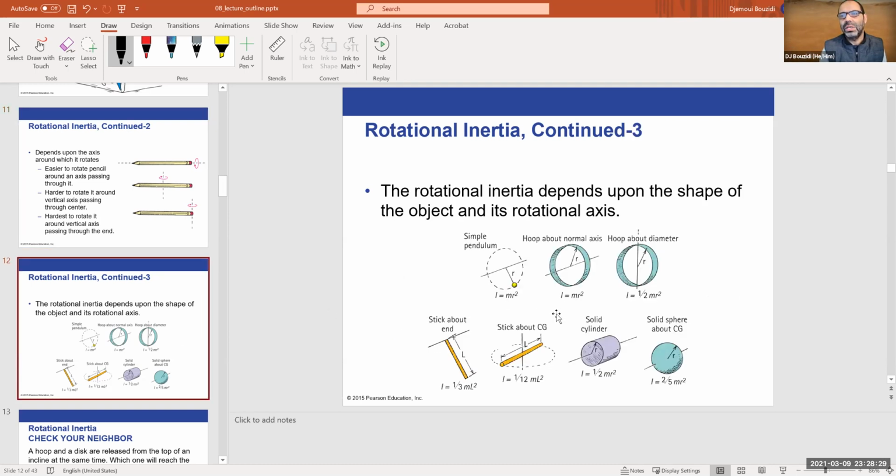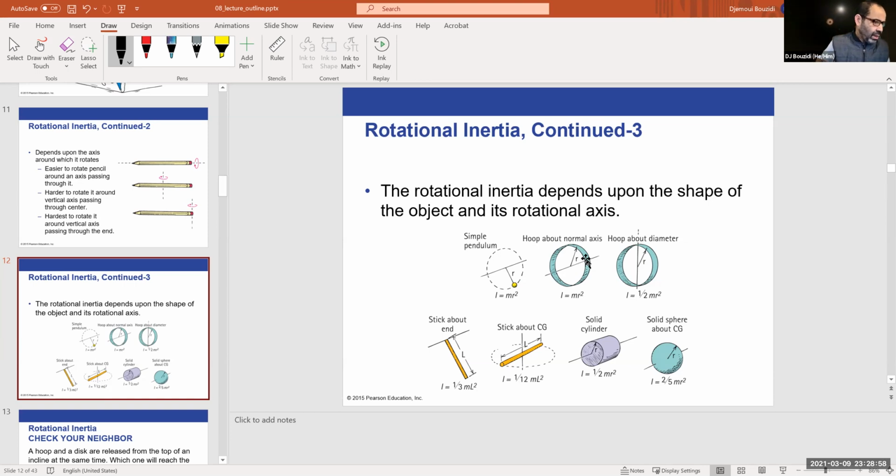Again, the moment of inertia depends on a lot of factors. For a point particle, if you're ever going to get an expression, most of the time it will give you the value: the mass times how far you are from the axis of rotation, if it's just a point mass. If it's a ring, like this one, the moment of inertia is equal to mr squared if it passes through its axis of symmetry.